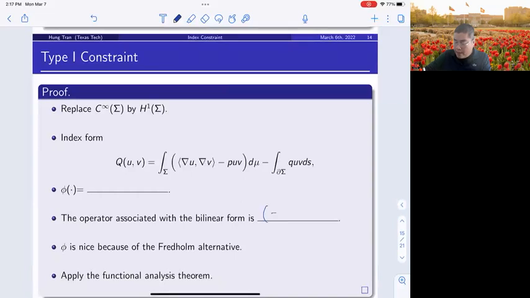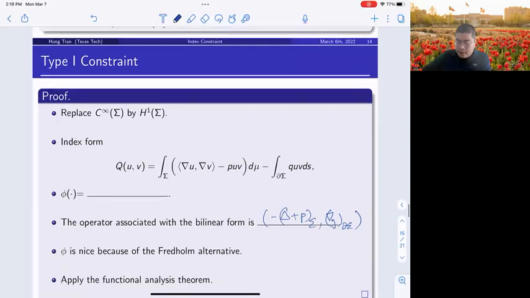This is minus the Laplace operator plus P acting on sigma, and then the co-normal derivative minus Q acting on the boundary of sigma. So this is the elliptic operator associated with this bilinear form.